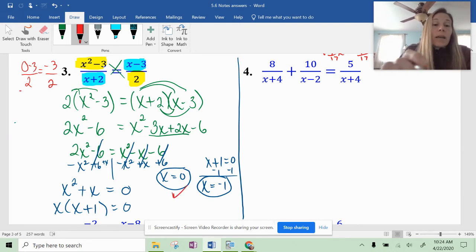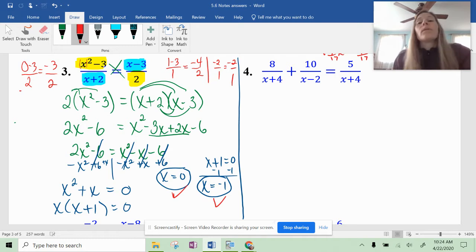Now if I want to check the negative 1, negative 1 squared is 1, and I have 1 minus 3. Negative 1 plus 2 would be 1. Negative 1 minus 3 would be negative 4 over 2. So this ends up being negative 2 over 1, and then of course negative 4 over 2 reduces to negative 2 over 1, so that also works out as a legitimate solution.